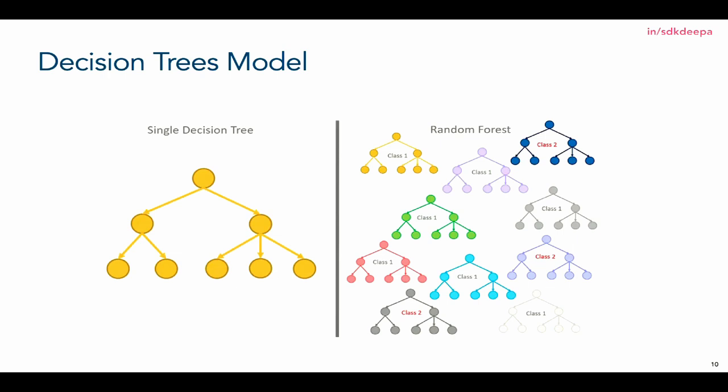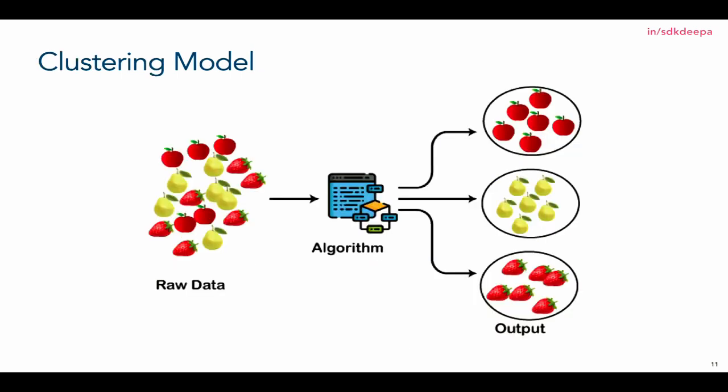Very basic stuff, it's not huge. Just understand that these are the models out there. And then there is the clustering model, which is again used for classification and segmentation when you put in raw data. I'm hoping that these are fruits.